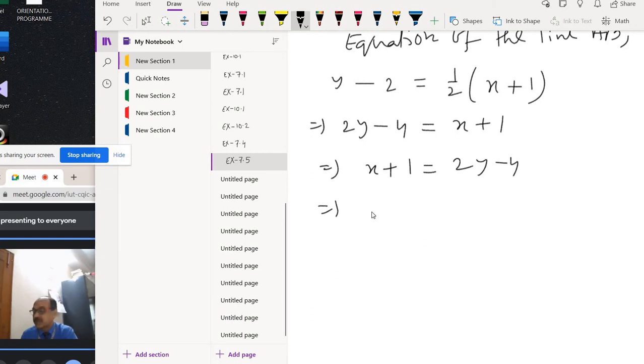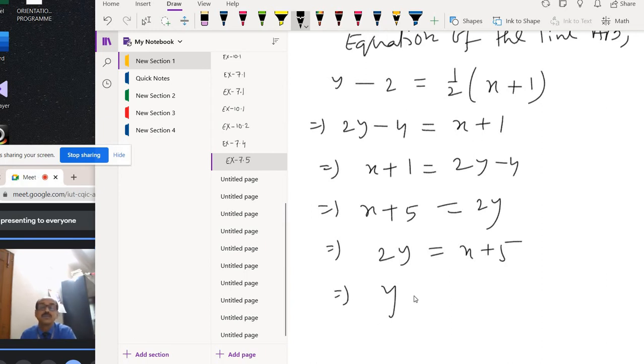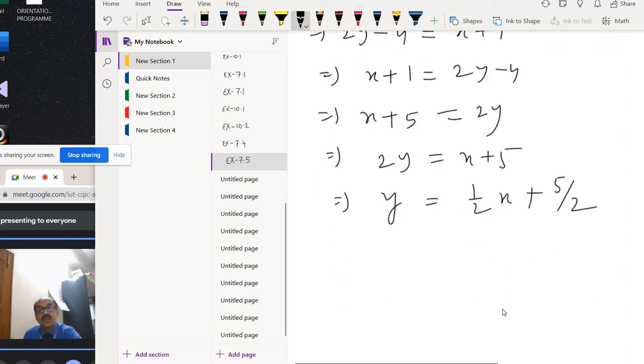Now write it in the y equal to mx plus c form. So x plus 5 equal to 2y, that means 2y equal to x plus 5. So y is equal to 1 by 2 x plus 5 by 2. So what is m?